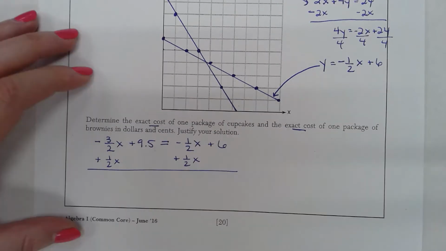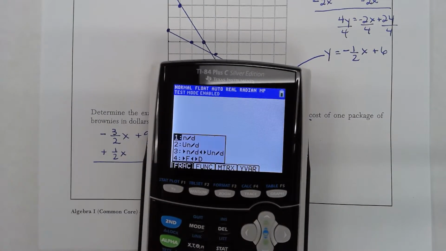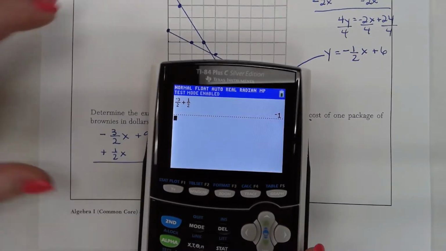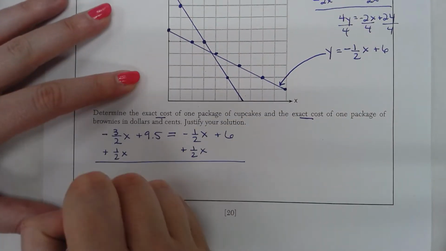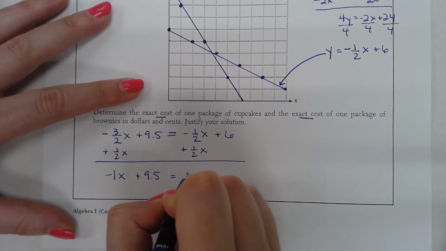I can add 1/2 x to both sides. Get that calculator out. On my calculator, negative 3 over 2 plus 1 over 2, and I get negative 1, so of course that's a negative 1x plus 9.5 equals 6.